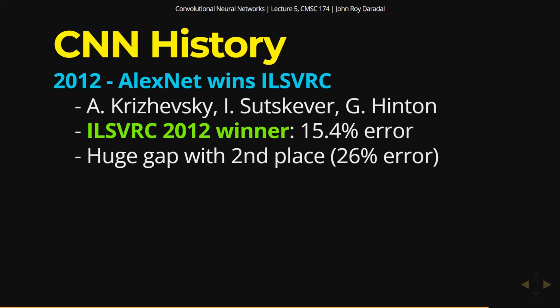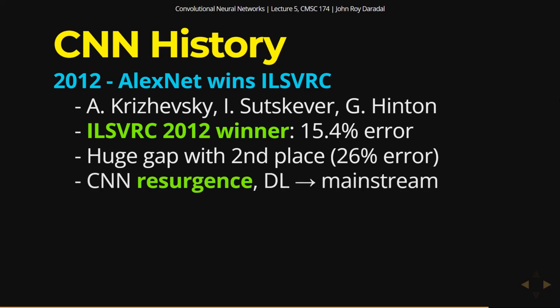The reason why it was so popular is because there was a huge gap between AlexNet and the second placer, which had 26% error. So there was around a 10% gap between the first place and the second place. So it really was a huge success at that time.